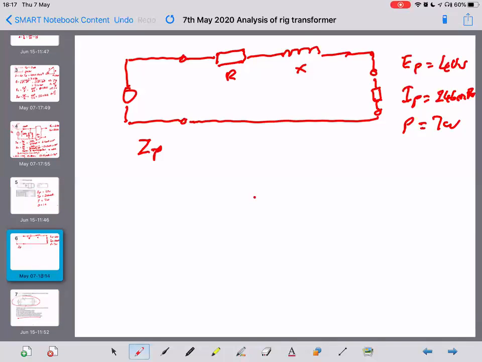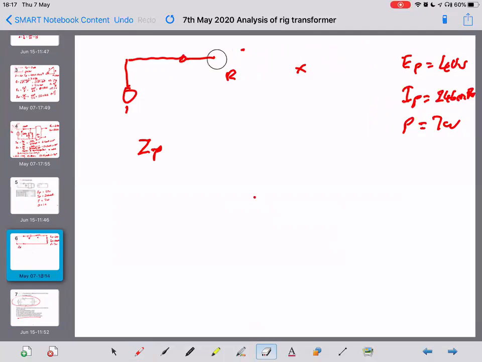I think that diagram I put up there, there's a bit of confusion at the moment. I'm going to get rid of that. You know what we're trying to find? We're trying to find those two R and X values, but we're using the data from a short circuit test that we've been given.